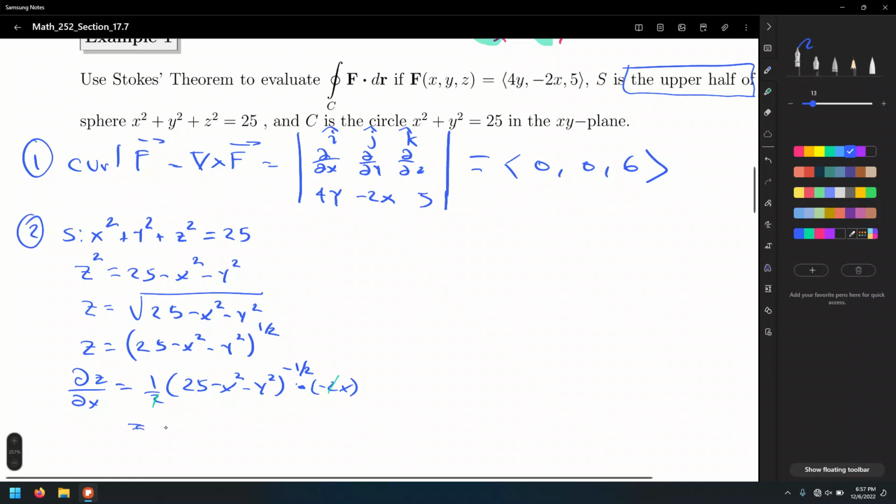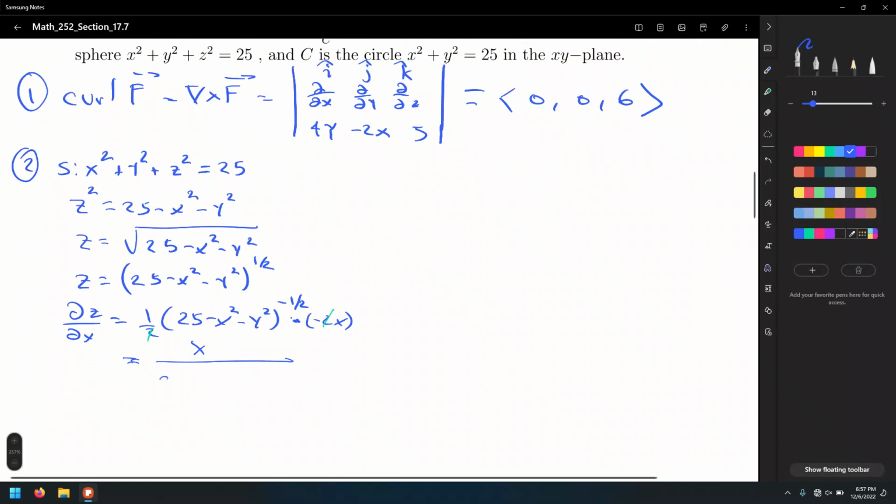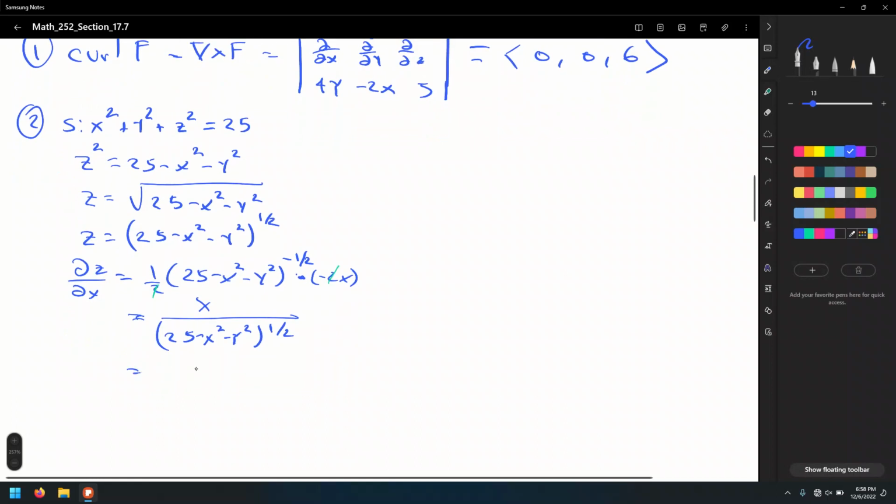That leaves us with x divided by 25 minus x squared minus y squared to the 1/2. We may go back to radical form: that is x over the square root of 25 minus x squared minus y squared, and that's the partial of z with respect to x.